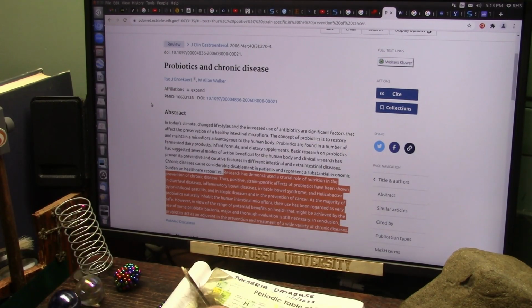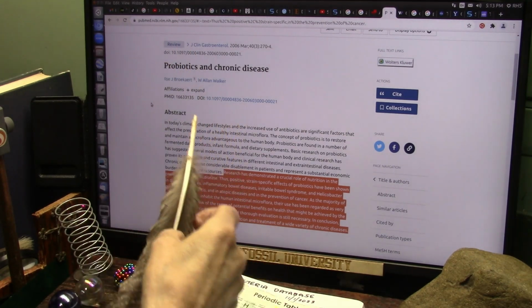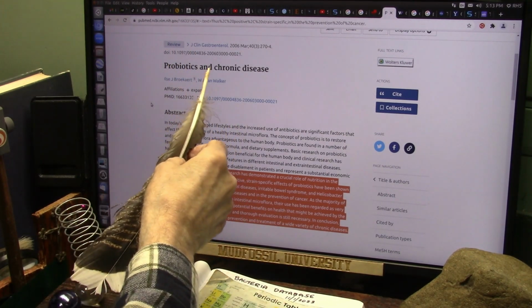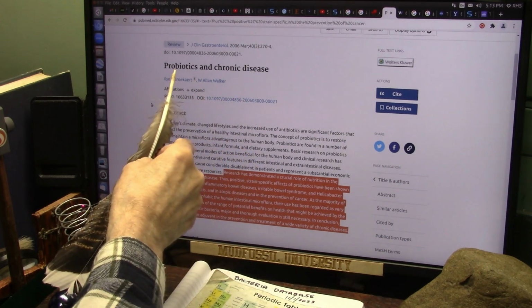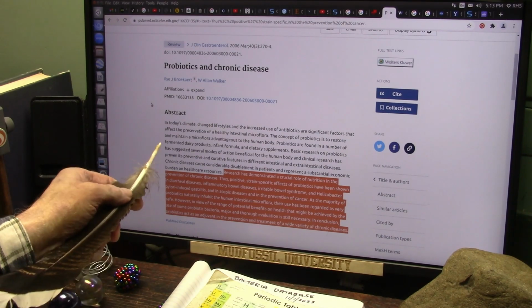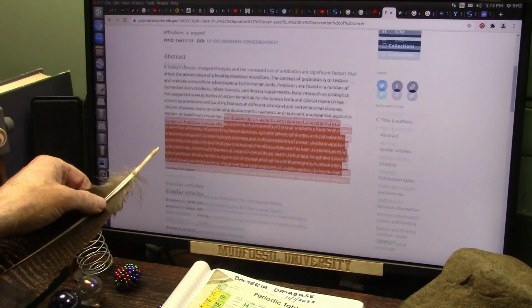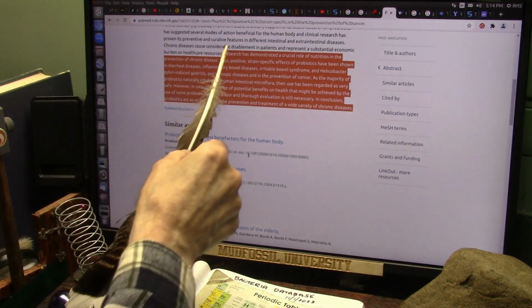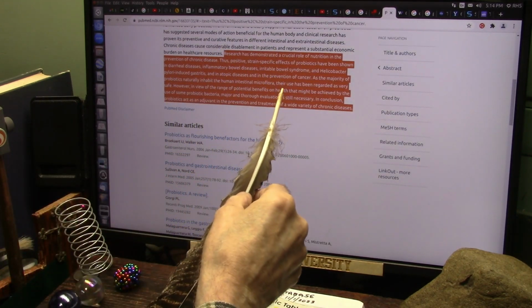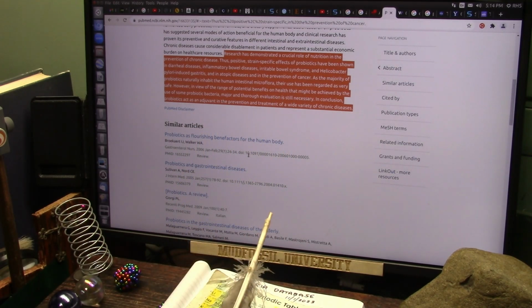All right, so what I was just showing you is probiotics. They're biotic things, and they're good for you. They're pro. And chronic disease: if you don't have the probiotics, you're going to have a chronic disease. And so today they're talking about, this is from the National Library of Medicine, and this is to say that the research has demonstrated a crucial role of nutrition in the prevention of chronic disease.